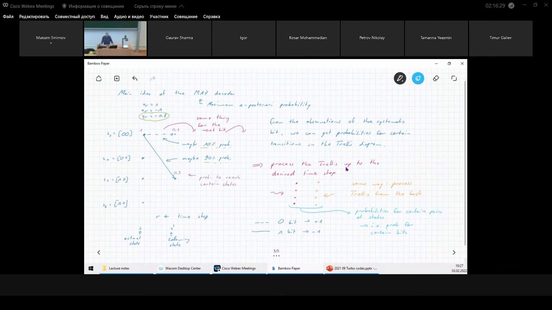Because again, as we've seen, bit values basically are determined by the probabilities of the states. If I know the probability of states before and afterwards, I also know the probability of the bit to be a 0.